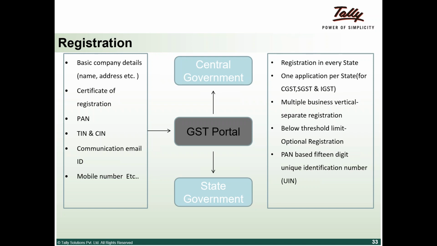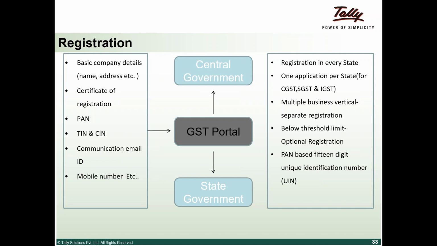So what happens is, on the GST portal, for a particular state you have to make one application and you have to apply for CGST and SGST registration. And if you are interested in an IGST registration in Karnataka, you have to apply for IGST registration also. As of now, it is going to be one application. So basically, there are 3 registrations: CGST, SGST and IGST.